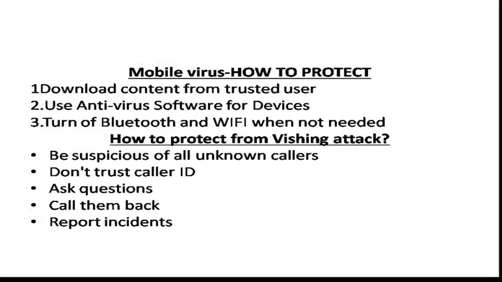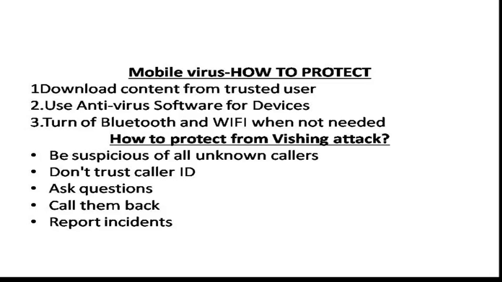Next one is the mobile virus. How do we get protected from mobile viruses? We have to download content only from trusted sources, so whatever apps are trusted, we download that particular content. Next, we have to use antivirus software on the devices. For mobile phones we get it built in, but that is not sufficient.